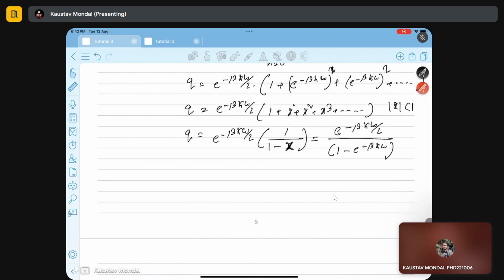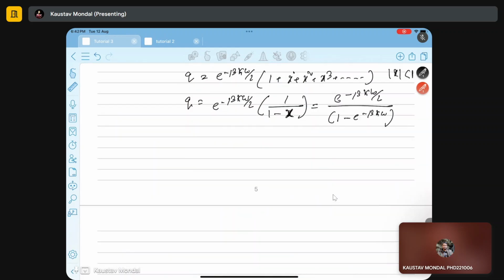So we got the q expression, then the energy E would be minus the derivative with respect to beta of ln q, which is equal to minus beta h-bar omega by 2 minus ln of 1 by e to the power minus beta h-bar omega.